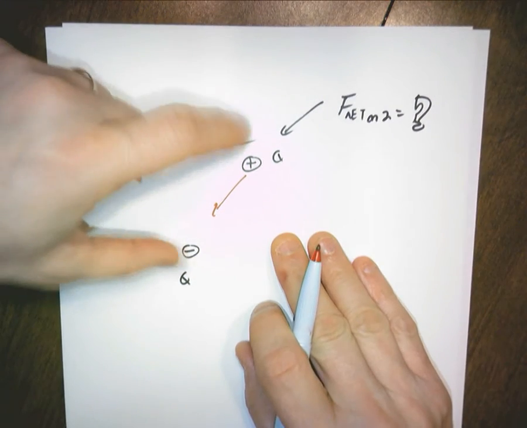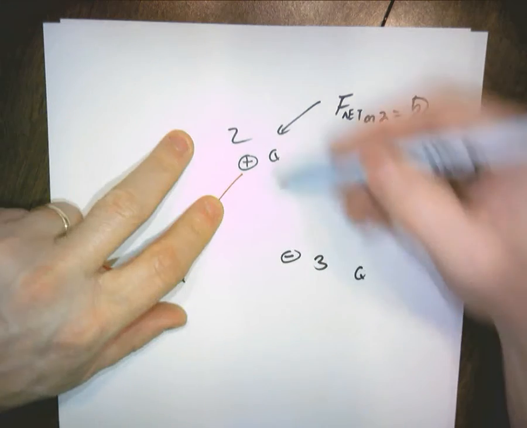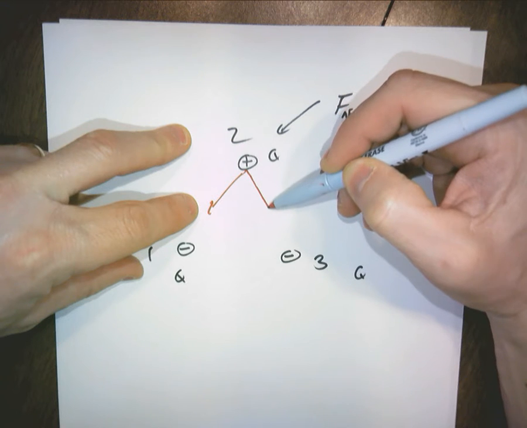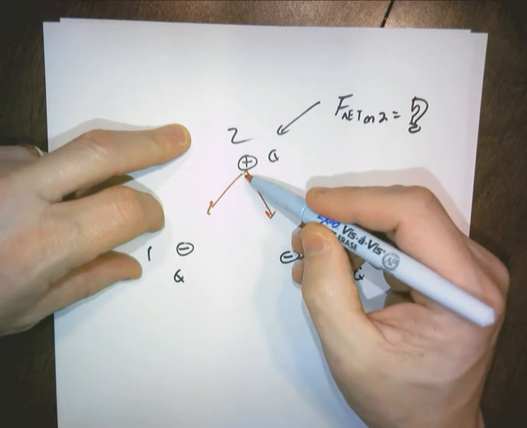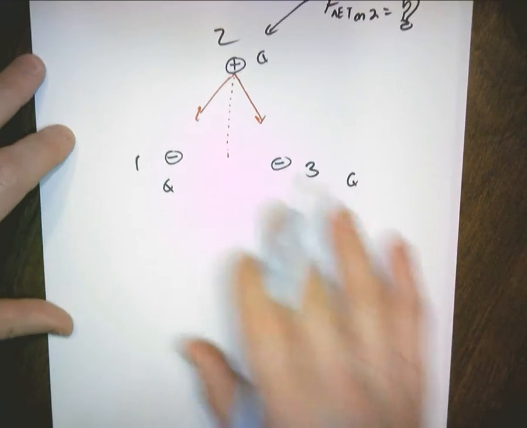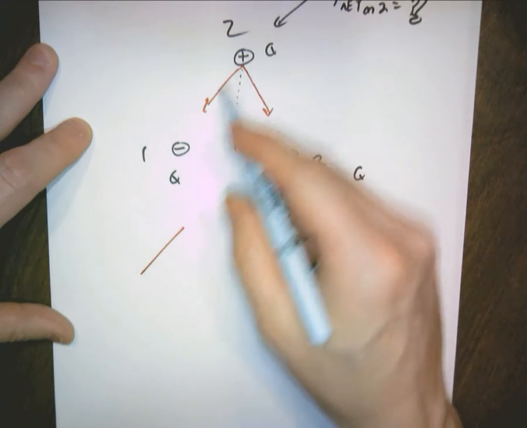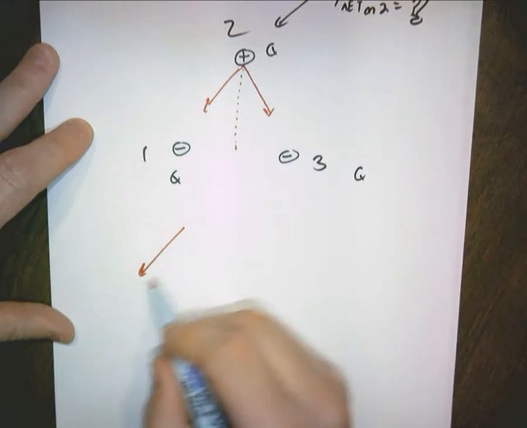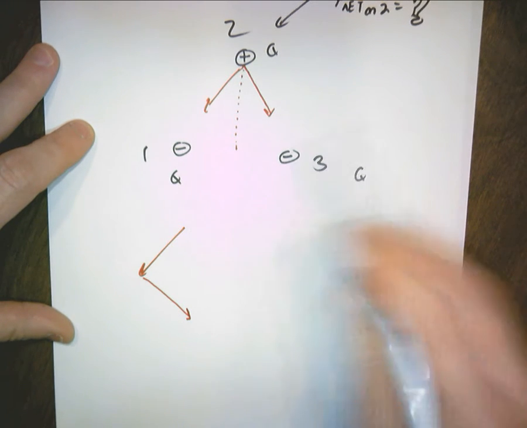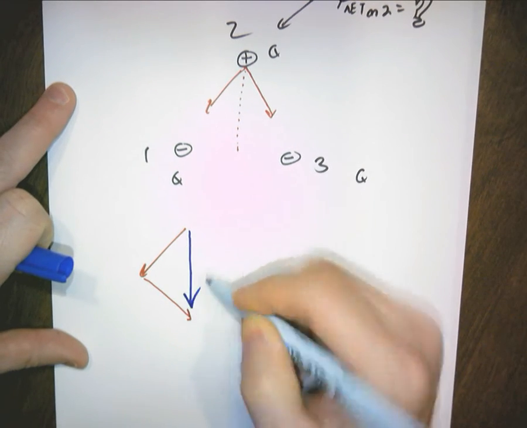Do the math here. If this charge is of equal size to that charge, then you are going to get an identical length force vector, and now you can do your symmetry. There's a bunch of ways. If I just want to do a vector addition, remember, we got to go tip to tail, folks. So this is what 1 does to 2, and then you come in here, and oh, it's not a right angle, sorry. And then what that one does to 2, and you'd see that the net force is going to point vertical.